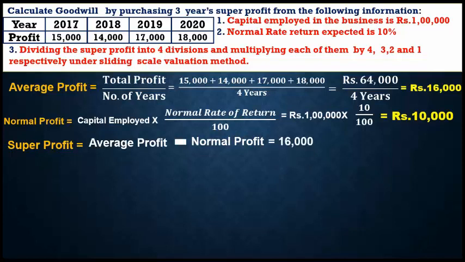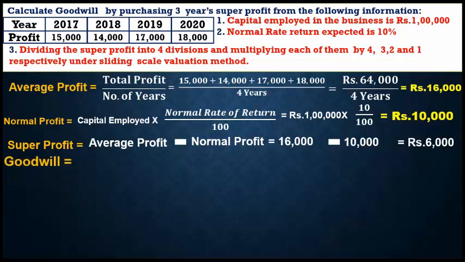Rupees 16,000, the average profit we have just calculated, minus normal profit, which we have also just calculated, rupees 10,000. Average profit is 16,000 minus 10,000, the normal profit. What is the super profit? Rupees 6,000. Super profit is equal to 6,000.